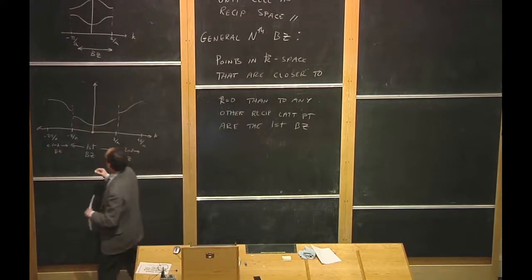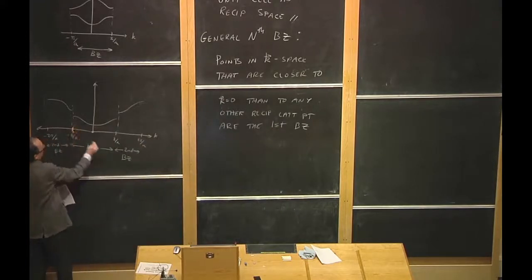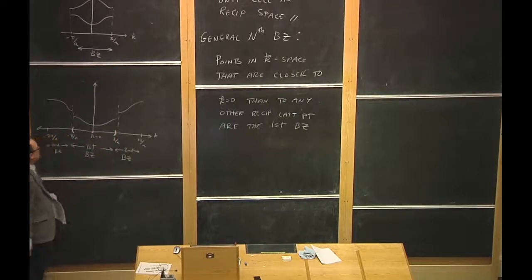So all these points in the first Brillouin zone are closer to the point at K equals 0 than to the other reciprocal lattice points.